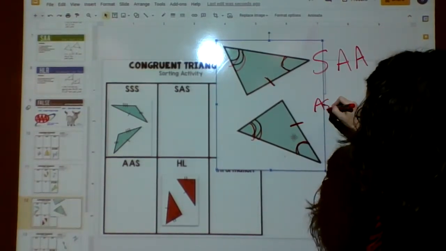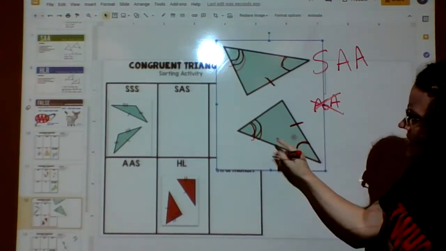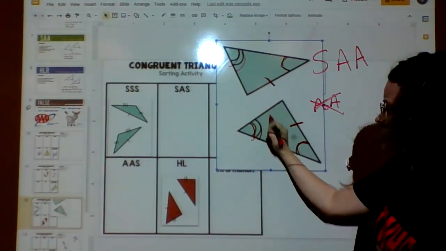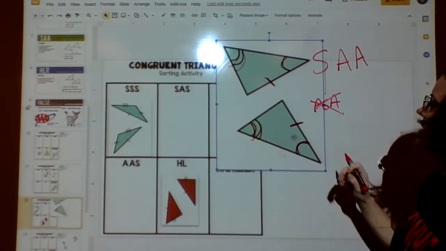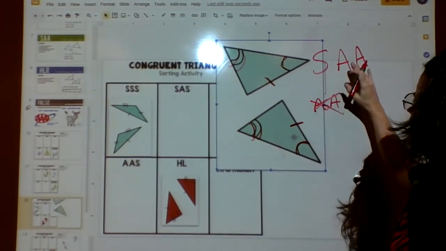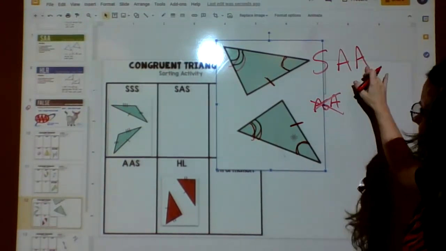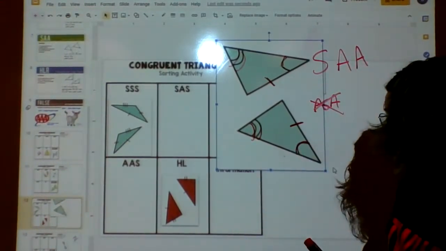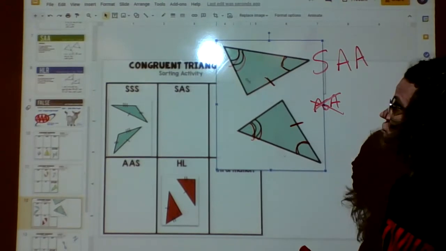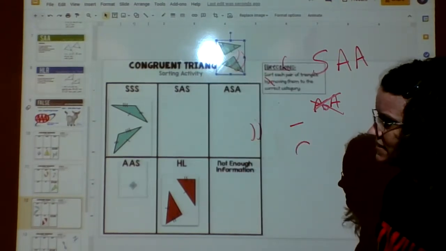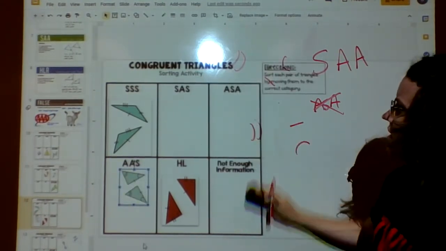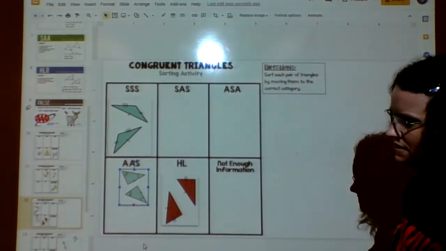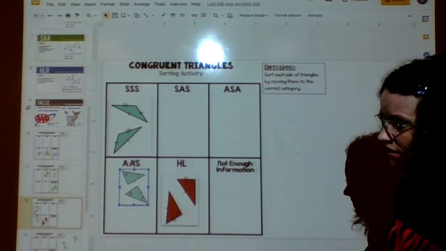I don't want to do angle, side, angle here, because that would have the side sandwiched in between them. And that's not the case here. And so instead, I have side, angle, angle, or angle, angle, side. But guess what? That's still one of the good ones. That's one of the ones that tells me my triangles are congruent. So yes, you get to join the party of congruent triangles because you've got all the pieces you need to say it. And look, there's more.